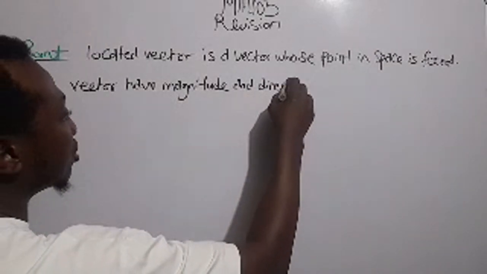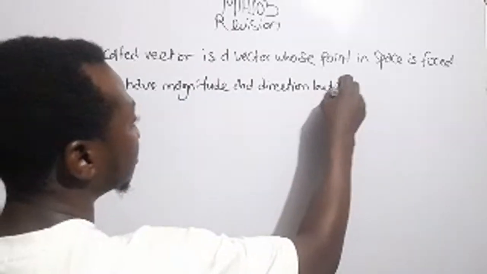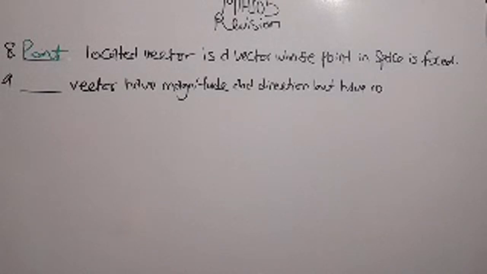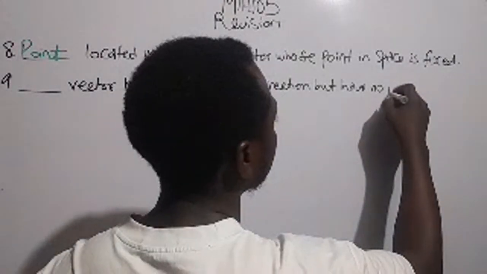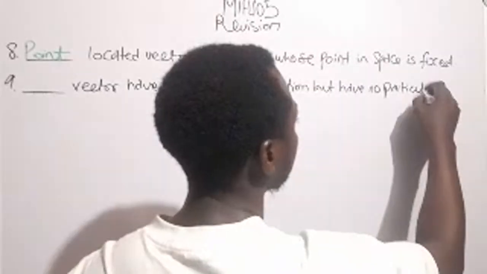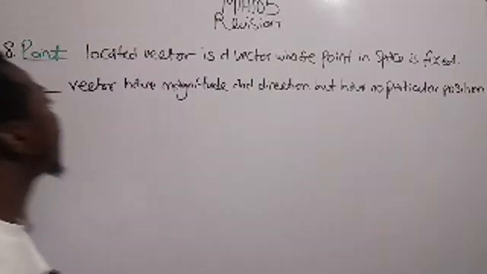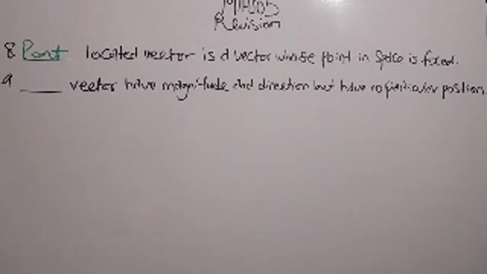No particular position. Dash vector have magnitude and direction, but have no particular position.